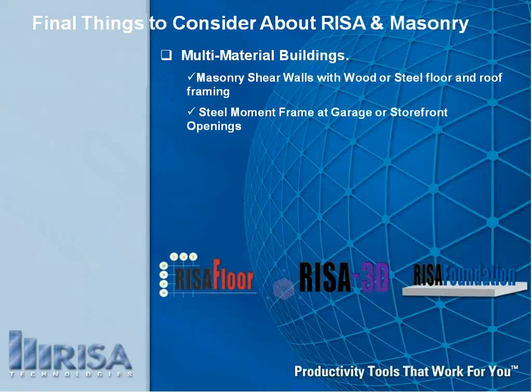So when you have a garage or a storefront opening that you need extra strength for, instead of having to do that outside of the program where you have to manually figure out what those loads are going to be, you can do that inside of one model. And you can design all of those and see how they actually transfer loads based on their stiffness. And you can see how the deflection criteria, how deflection will actually work, and things like that in that one model.